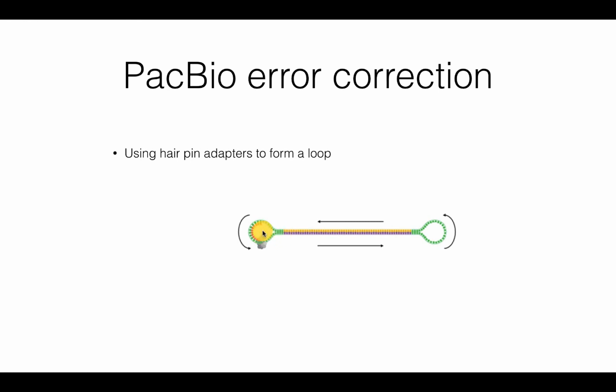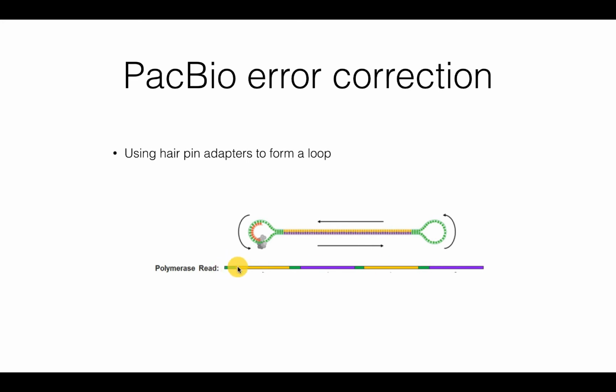Someone put hairpin adapters during library prep so that your double-stranded DNA actually forms a circle. And so what happens is the polymerase will Pac-Man its way all the way around multiple times now. And so if you look at the sequence in a linear fashion, it really just looks like this circle multiple rounds unraveled.